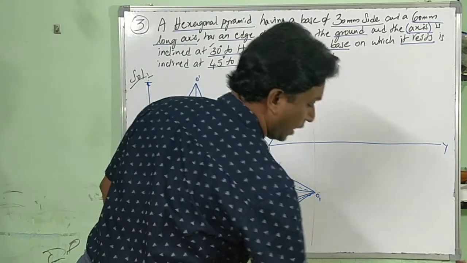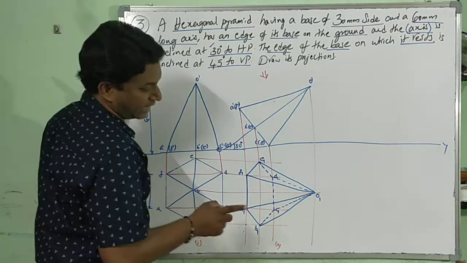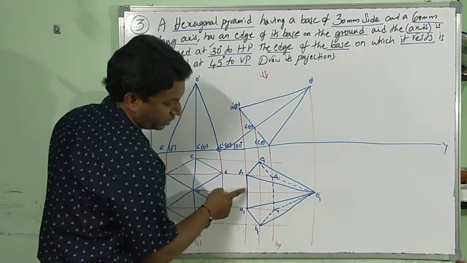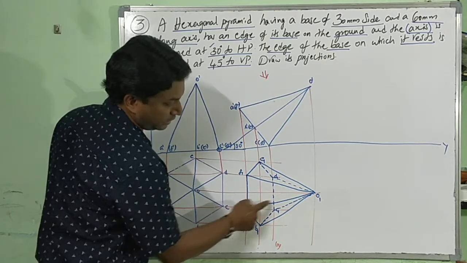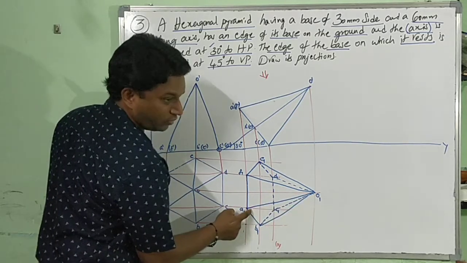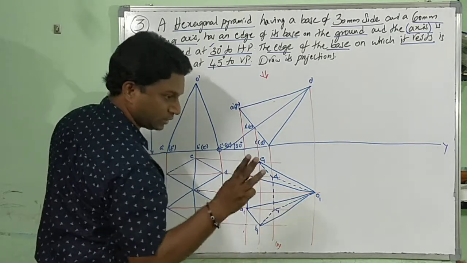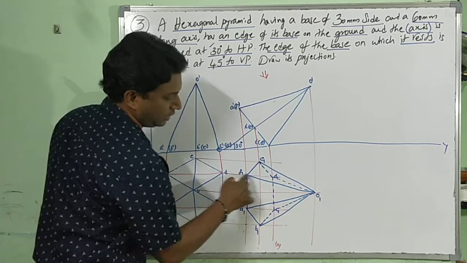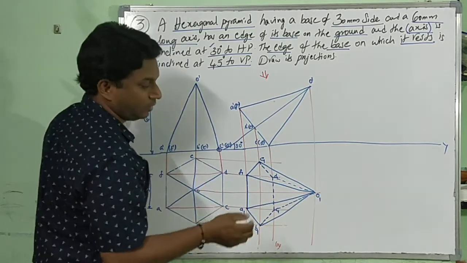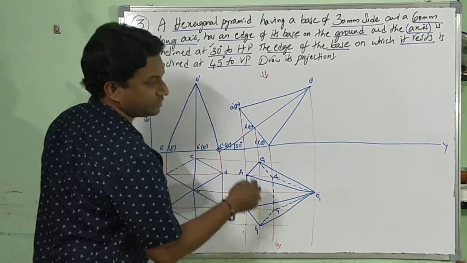Now here the axis line is being separated. As you can see, how many slant edges? 1, 2, 3, 4, 5, 6 slant edges. A1 O1 first, B1 O1 second, C1 O1 third, D1 O1 fourth, E1 O1 fifth, F1 O1 sixth. All are visible, but the axis line will be from center to center.